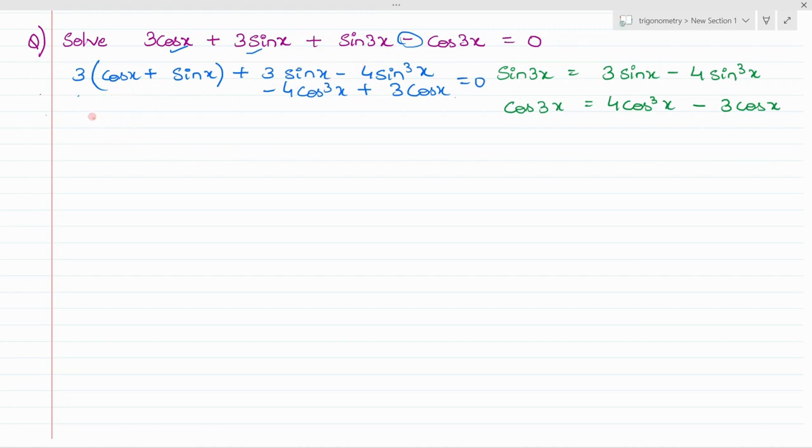So from here, it becomes 6 times of sin x plus cos x minus 4 times sin cube x plus cos cube x is equal to 0.